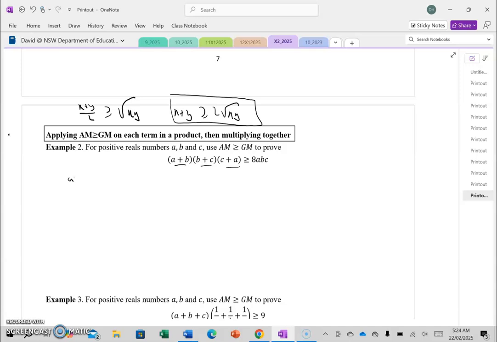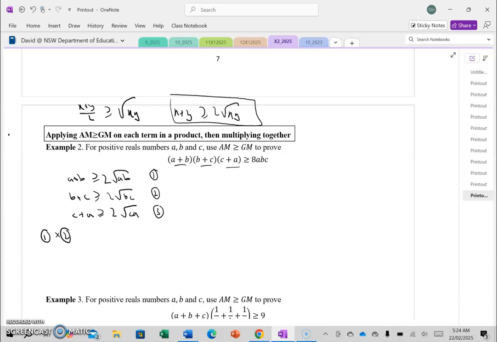So A plus B is greater than or equal to 2 square root AB. B plus C greater than or equal to 2 square root BC, and C plus A greater than or equal to 2 square root CA. And because all these are greater than 0, we can multiply.